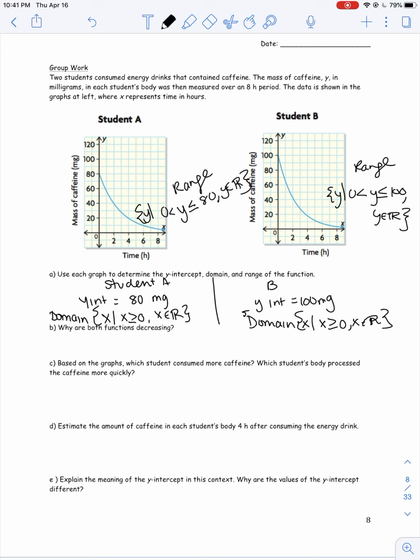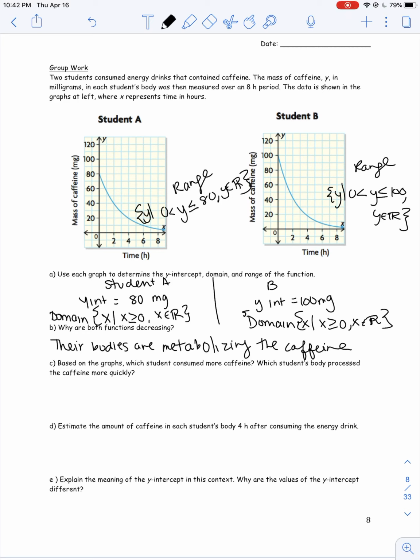Why are both functions decreasing? It's because their bodies are metabolizing the caffeine, which means that the caffeine level should go down as it goes through the body. Based on the graph, which student consumed more caffeine?